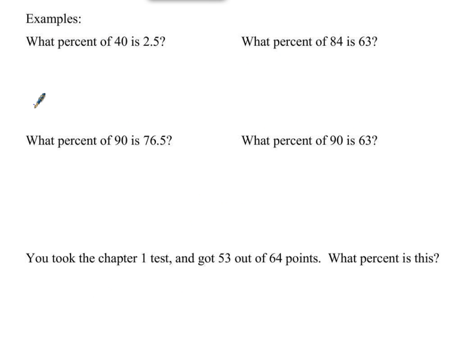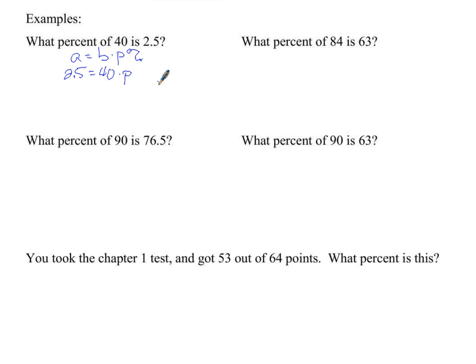So let's use that percent equation now. What percent of 40 is 2.5? If I have A equals B times P percent, we're going to have 2.5 equals 40 times P. And then to get the percent, we would do what?